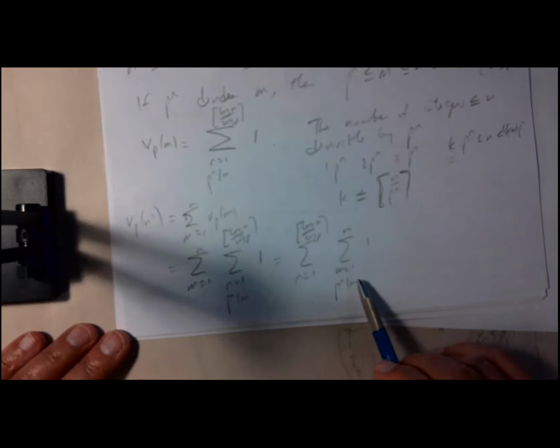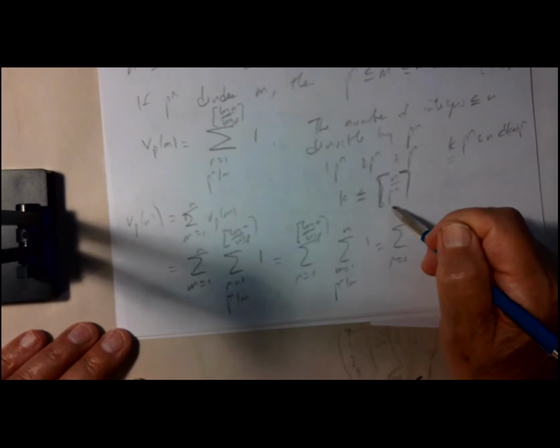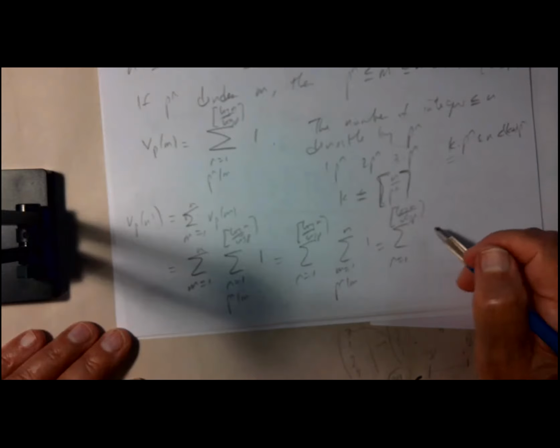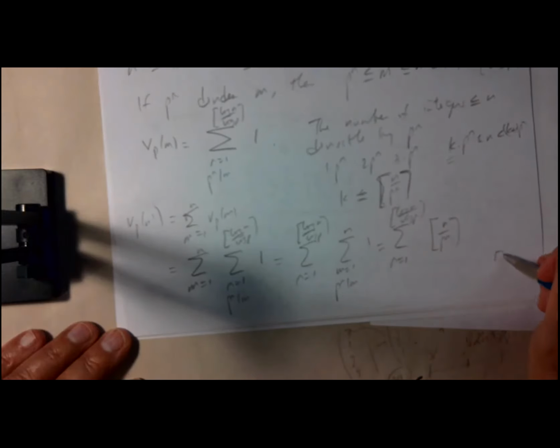And then this is just the number of multiples of p to the r up to n. This is the summation, r goes from 1 up to log n over log p, of n over p to the r. That's the formula.